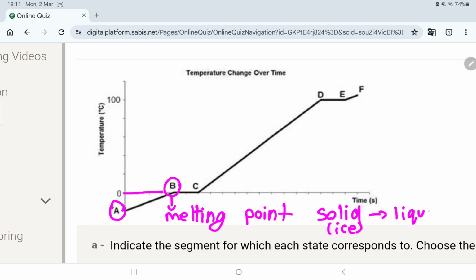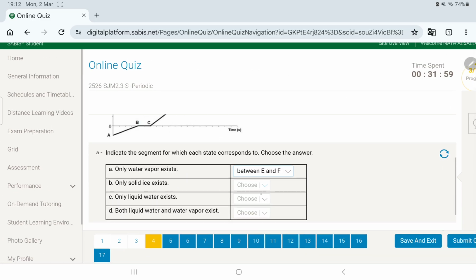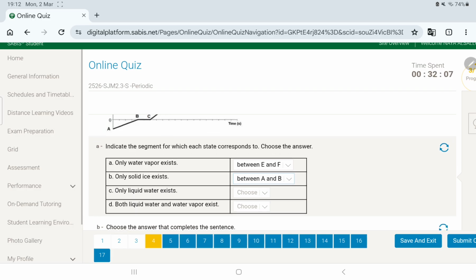So when something starts melting, it starts as ice. It's not magically water in the beginning, right? So when it's still ice, it's B to A. By the way, guys, this question is a bit difficult, but with more practice, it's gonna be easy.